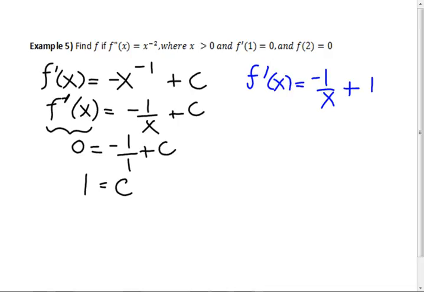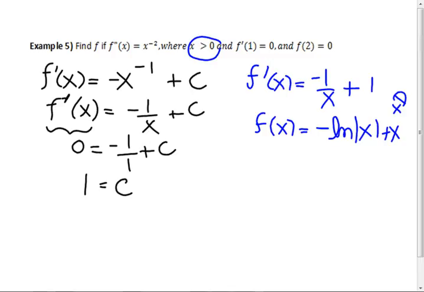Now, I need to find f of x. What's the antiderivative of this? It's f of x equals negative, that's right, natural log of x. x is positive. I don't need absolute value. Because I'll do it anyway, if I do that anyway, it's right. Plus x plus d.